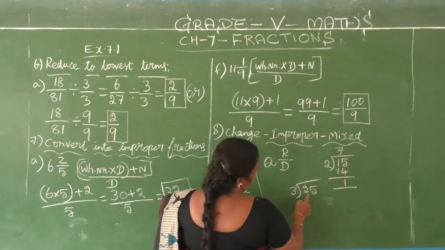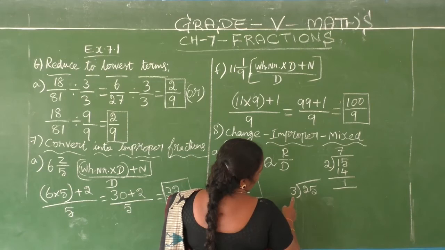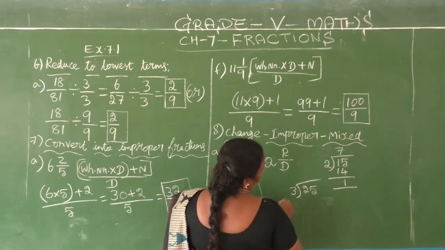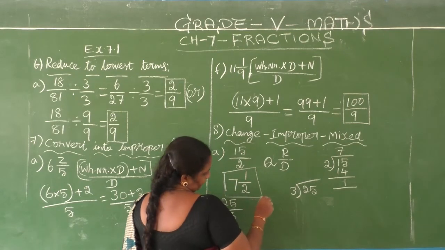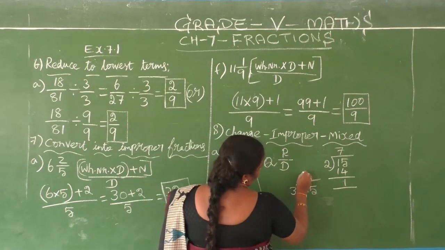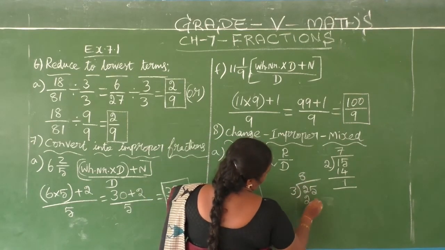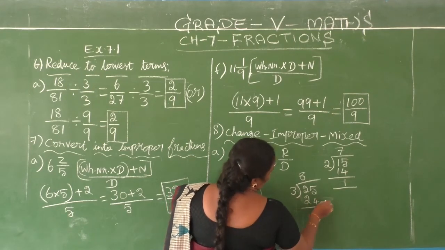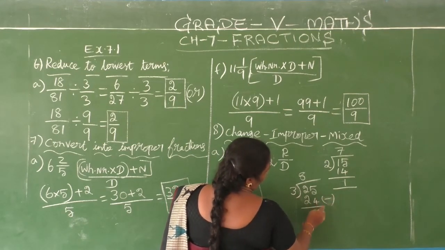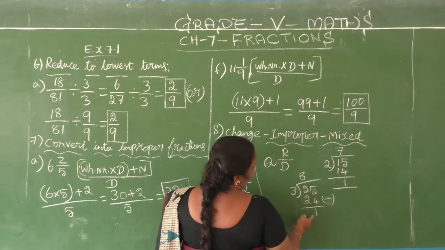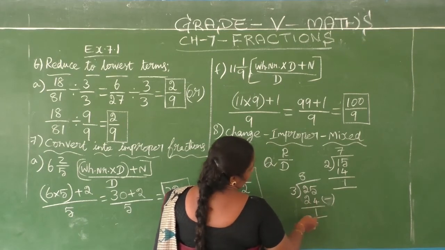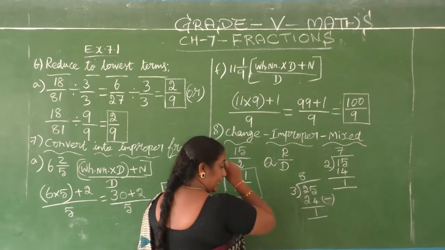So 2 is smaller than our divisor, so we cannot do the division. So now we take 25. How many 3s are there in 25? 8 3s are 24. After subtracting, 25 minus 24, 1 will come. Hereafter we cannot continue the division, because 1 is smaller than our divisor.